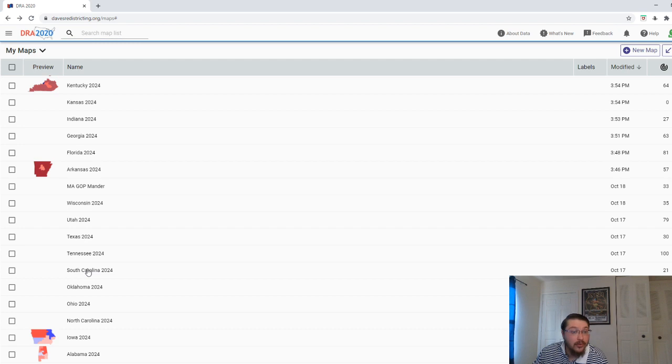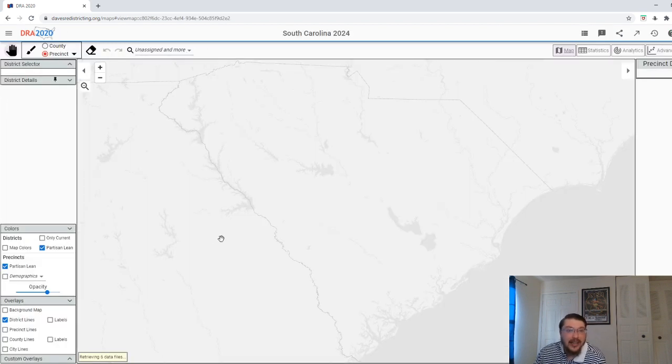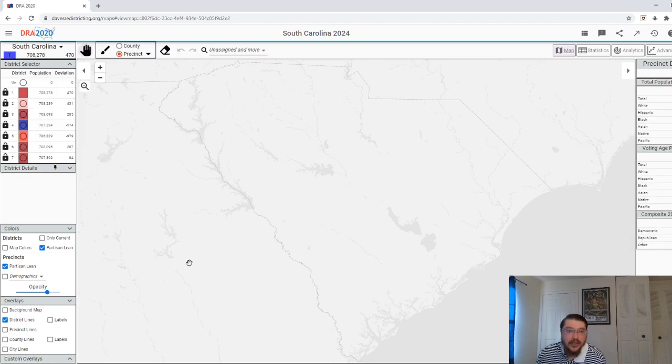We go look at South Carolina. I think I got this one to be, trying to remember how I drew this one. There we go. We should be getting it.